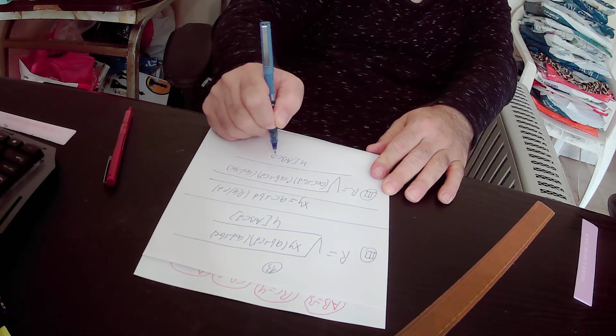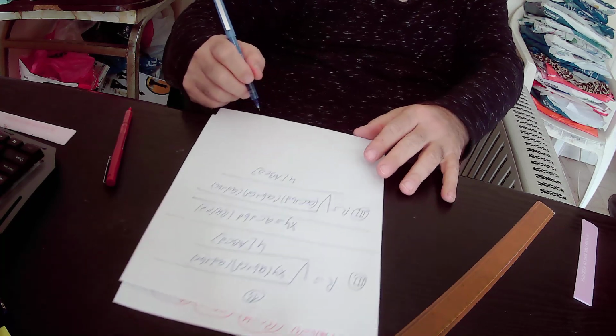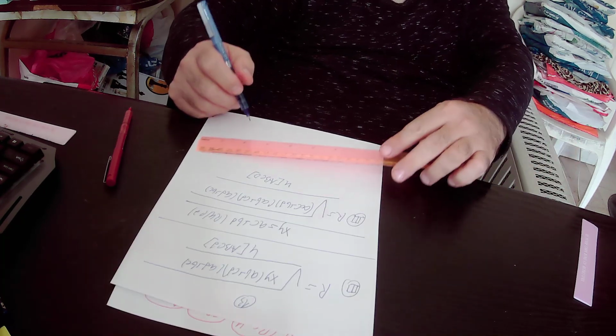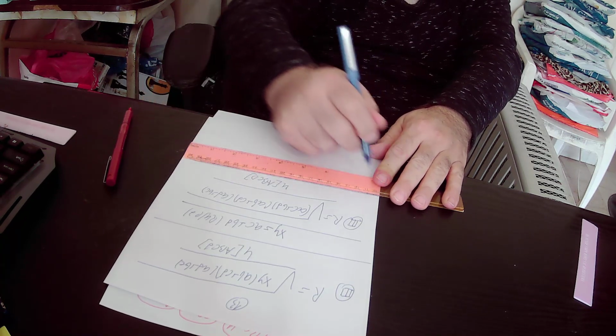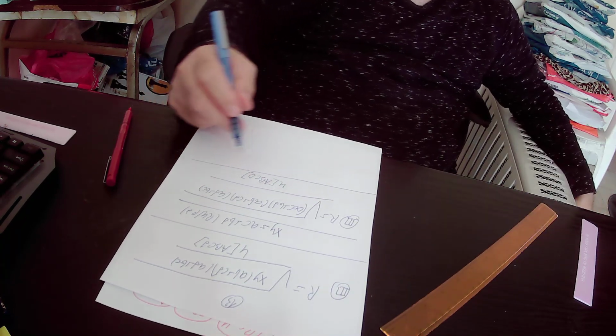So the only thing that is left is to find out the area of quadrilateral ABCD, because the other variables are known. The values of A, B, C, and D are given in the question.